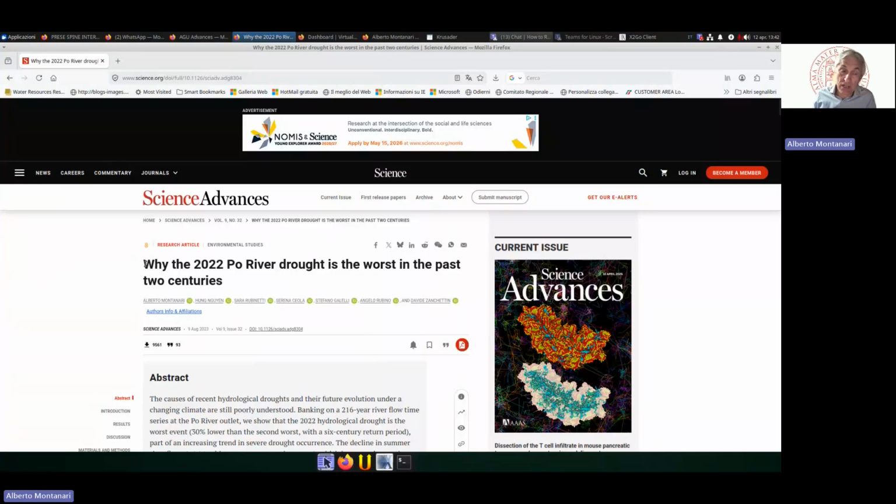And there are several ways a title can be formulated. Can be formulated by a simple description of the paper subject. So an alternative to the title that you now see on the screen may be Analysis of the 2022 Po River drought, or drivers of the 2022 Po River drought. This would be a simple explanation of the content of the paper.